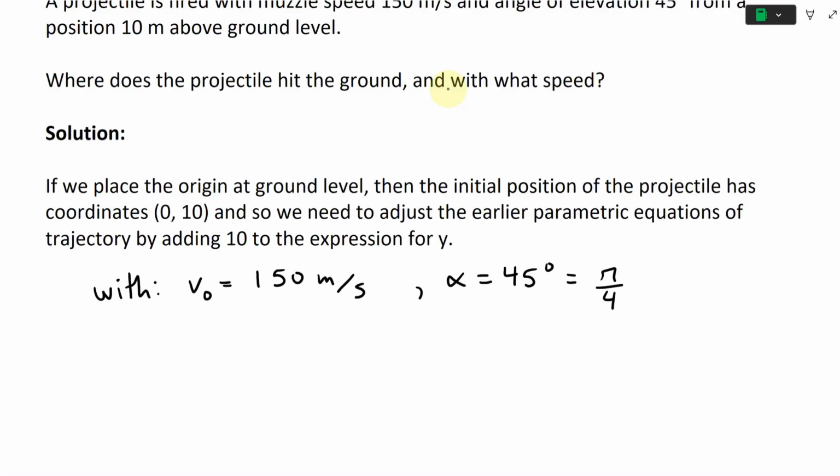So pi over 4 radians. And we're going to assume g is approximately equal to 9.8 meters per second squared, so 9.8 meters per second per second.